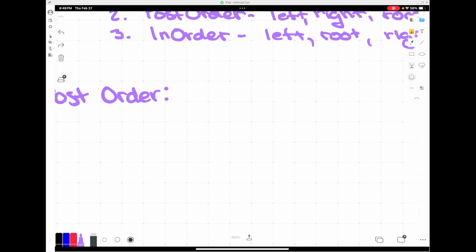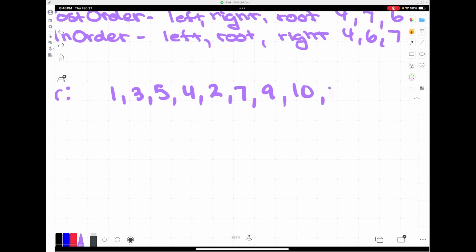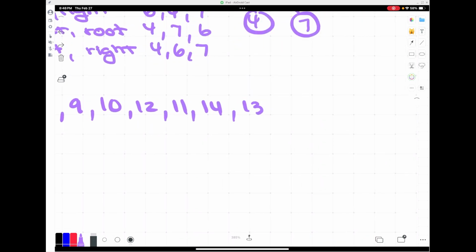In the question, it gives us that this BST contains the keys 1, 2, 3, 4, 5, 6, all the way to 14, and that a post-order tree walk prints these keys in order, and the keys that they give us is 1, 3, 5, 4, 2, 7, 9, 10, 12, 11, 14, 13, 8, and 6.